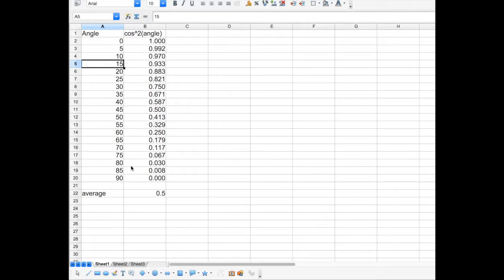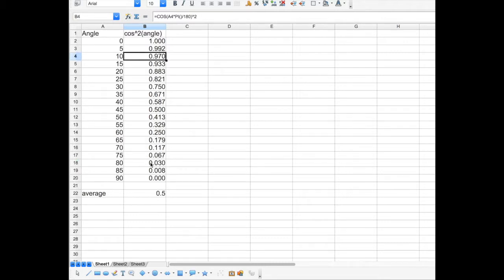But you notice in this list a symmetry, right? For 0 degrees, there's a 1, and at 90 degrees it's 0. At 5 degrees, it's 99.2, but at 85 degrees, it's 0.8% transmission. At 10, it's 97%. At 90 minus 10, or 80, it's 3%, right?